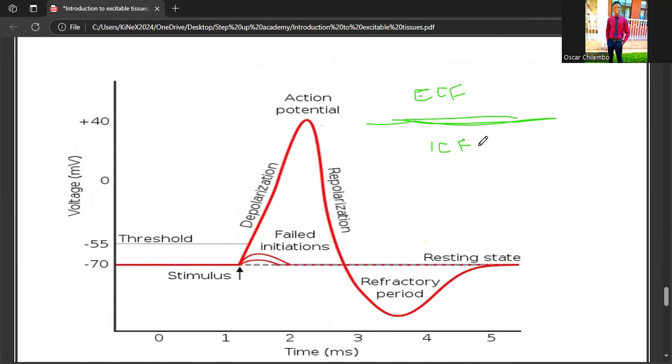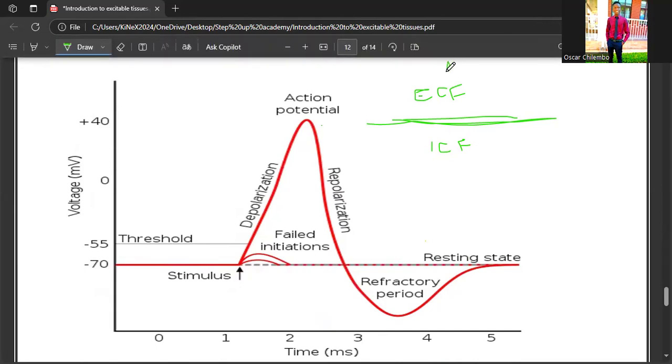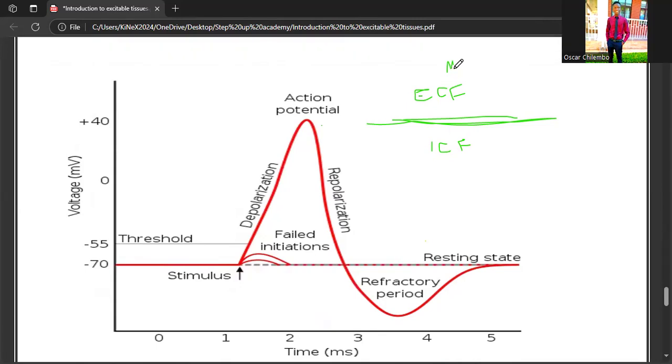potassium is more inside the cell, and sodium is more outside the cell. And sodium plays a very crucial role in the generation of an action potential. Okay. Then outside is more positive as compared to inside. Inside is more negative at this point.